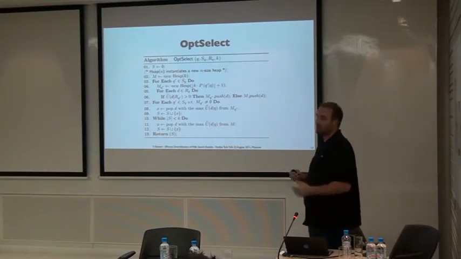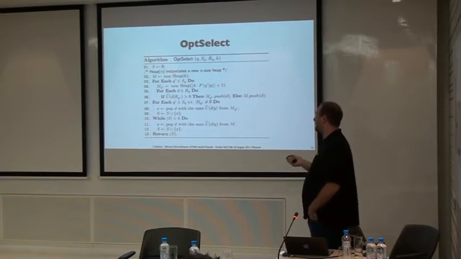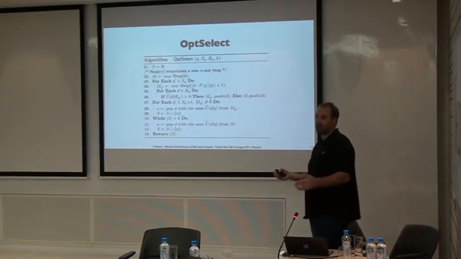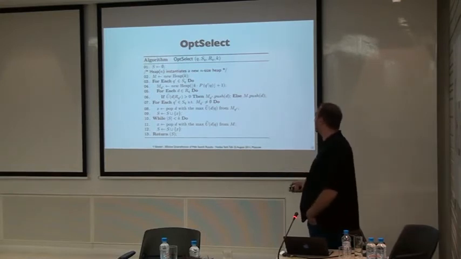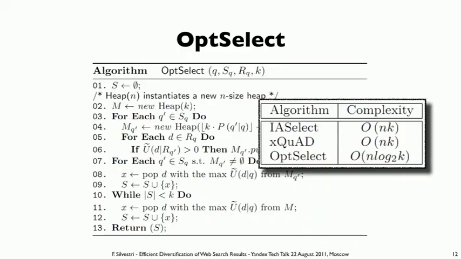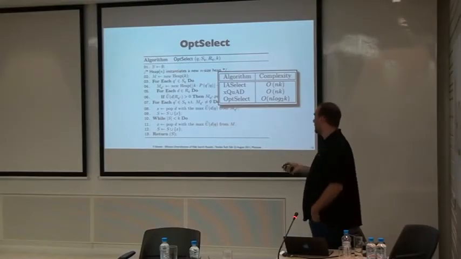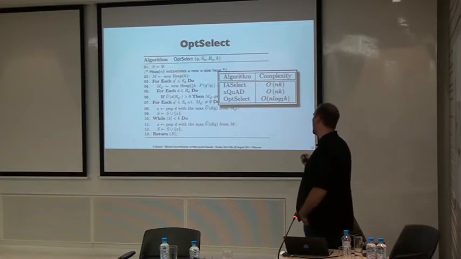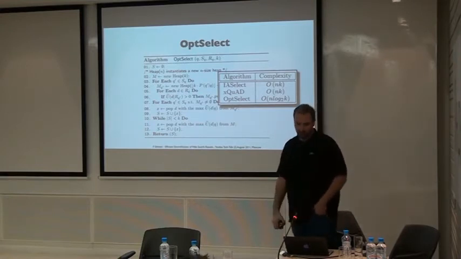Intuitively the difference is that you don't need to know in advance what subset of results you select to understand if your diversified result set is coherent with your probability distribution. More formally, this is the formulation.